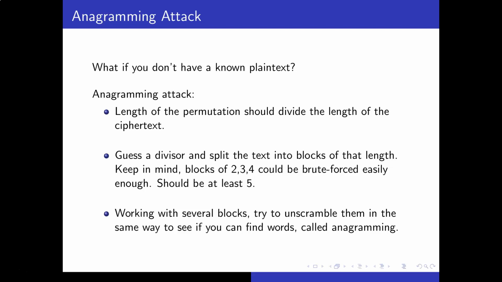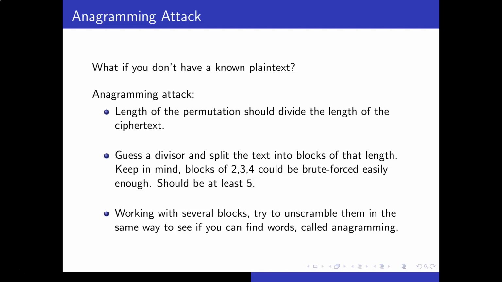Unlike in a Kasiski attack, where you could just stop halfway through the keyword, you can't stop halfway through a permutation because it's a function. So whatever the length of my permutation key is, that has to divide the length of the message. We count how many letters there are, we look at the things that divide it, and then we make a guess.